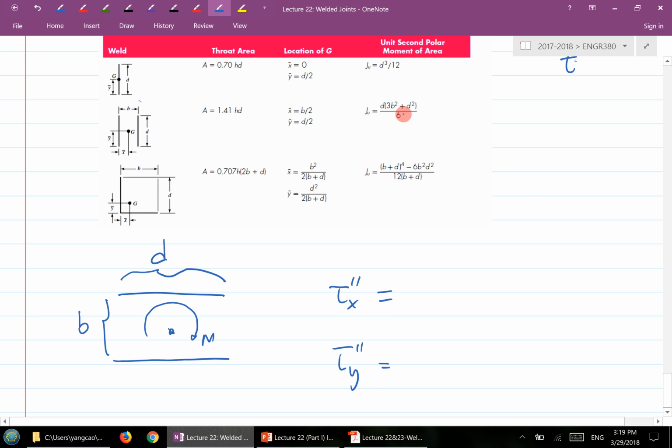Then you times 0.707h and you'll get that, right? So basically, what I want to say is M times what over J for tau x double prime, and M times what over J for tau y double prime. The first one, what's M times what? B over 2, that's right. And then here is D over 2. Very good. That's exactly what you have to be able to identify, based on the given geometry and the dimensions. Okay?